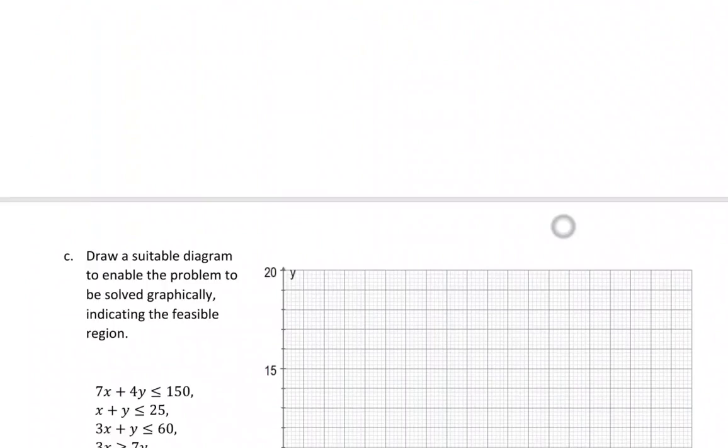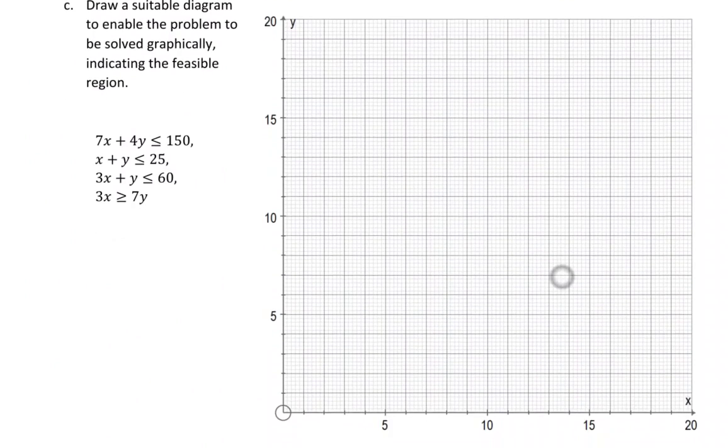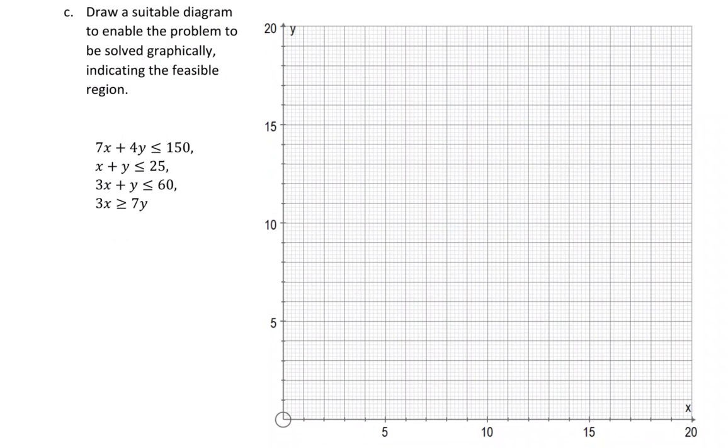Okay, so now with those inequalities, I'm going to draw a suitable diagram to enable the problem to be solved graphically, indicating the feasible region. So I now need to draw these 4 inequalities. Now don't forget, we have x is greater than or equal to 0, y is greater than or equal to 0, z is greater than or equal to 0.